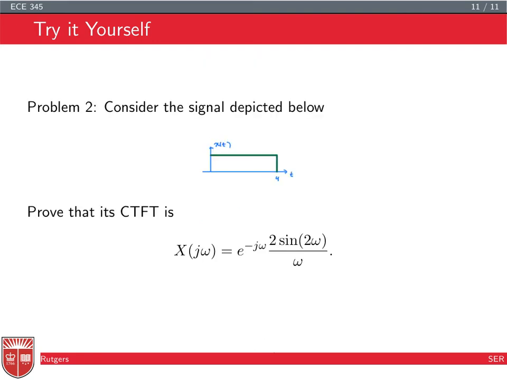Another example to do at home is the following x of t, which is equal to 1 between 0 and 4, and to prove that its CTFT has the following expression. Maybe here I did not specify it, but here it's equal to 1.